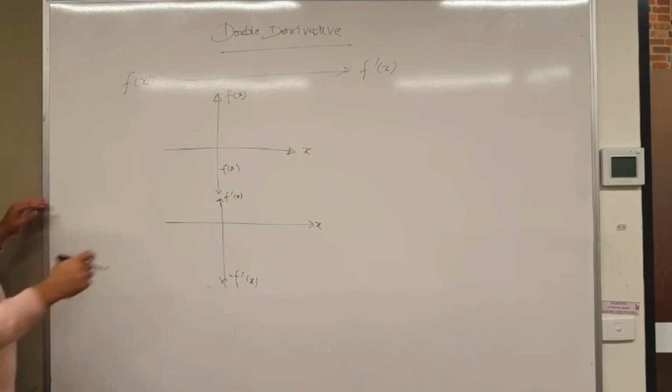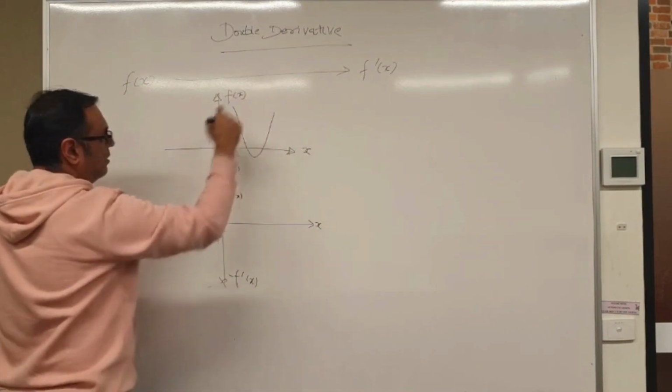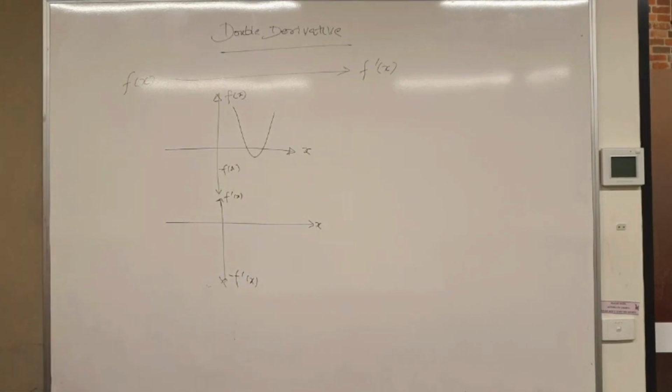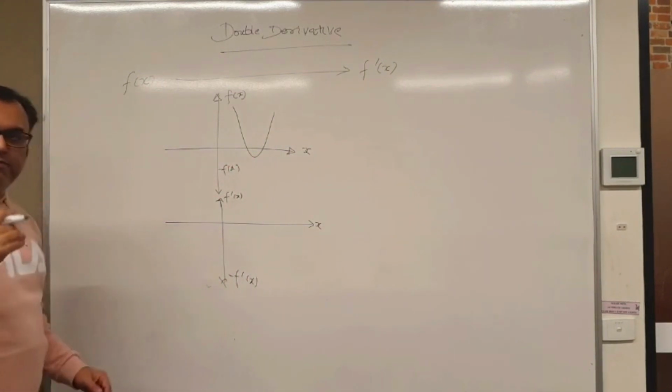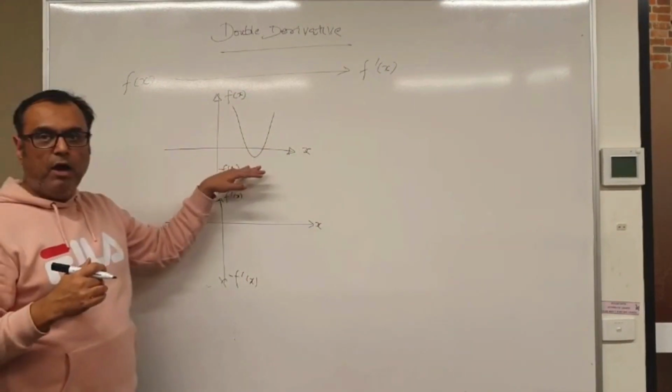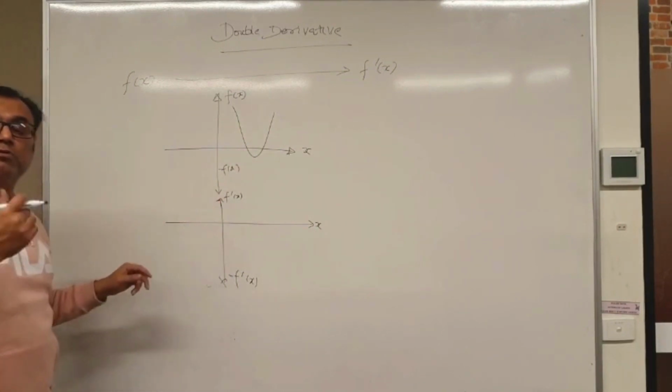Correct? Now let's say I have a parabola. You remember when we did the derivative graphs, we said how you derive the derivative graphs from the original function graph. So what was that?